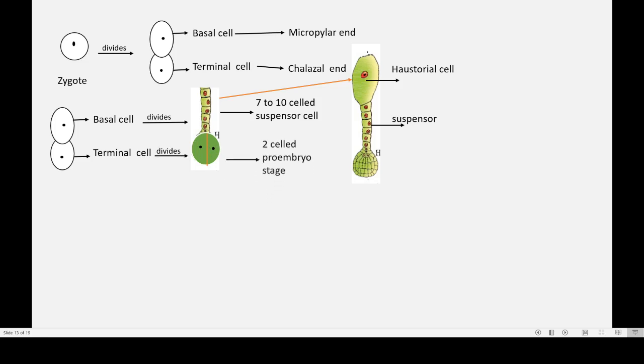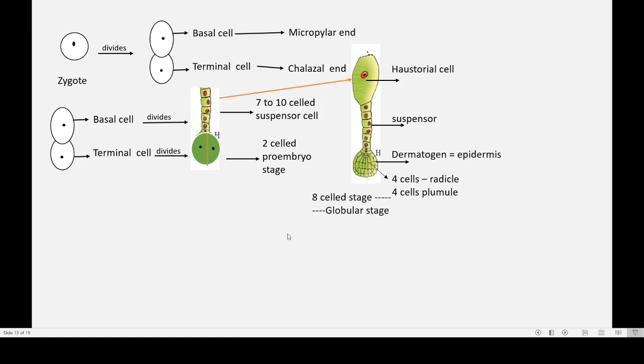When this terminal cell divides, it forms a two cell pro-embryo stage, which further divides and results in 8 cell stage. Here you can see the 8 cell stage.